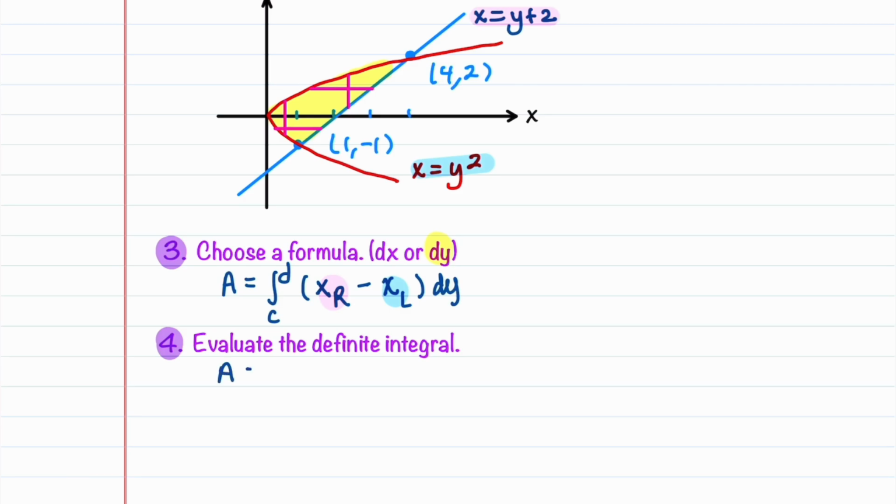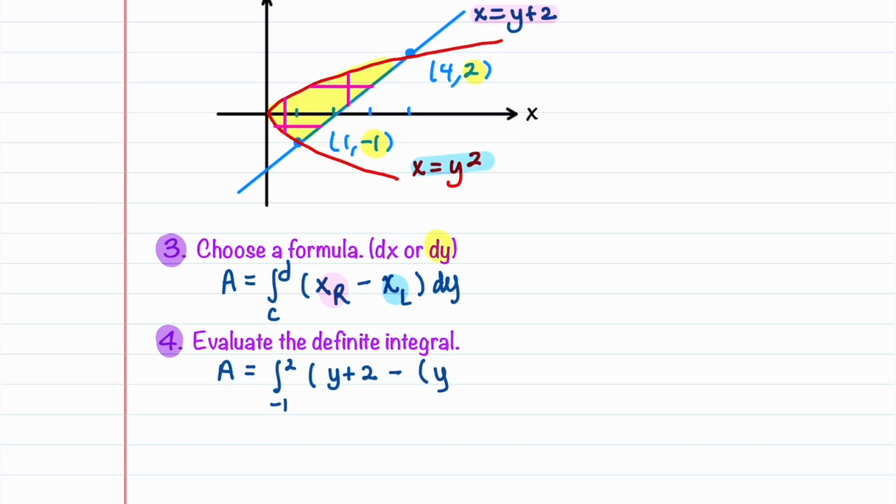Our area is the integral from the y value of our intersection point, which is -1, to 2, of our curve on the right, which is y plus 2, minus our curve on the left, which is y squared, dy. Let's simplify this. This is the integral from -1 to 2 of y plus 2 minus y squared, dy.